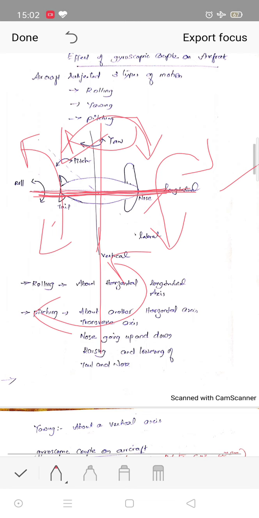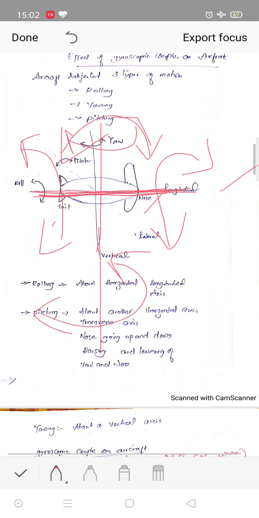Rolling means it is rotating along the horizontal longitudinal axis, and pitching is rotating along the other horizontal axis, but the condition is that the nose rises or tail dips, or tail rises or nose dips. Such a condition is pitching. And yawing means the aircraft is rotating along the vertical axis, that is the y axis.